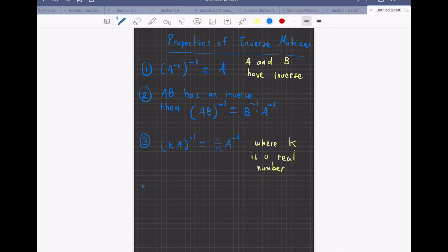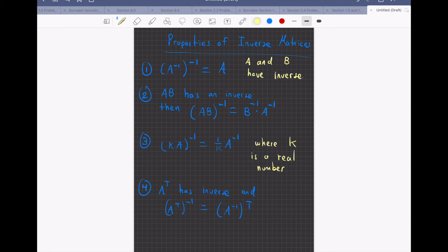And this property: if A has an inverse, then A transpose has an inverse, and the inverse of the transpose is equal to the transpose of the inverse.